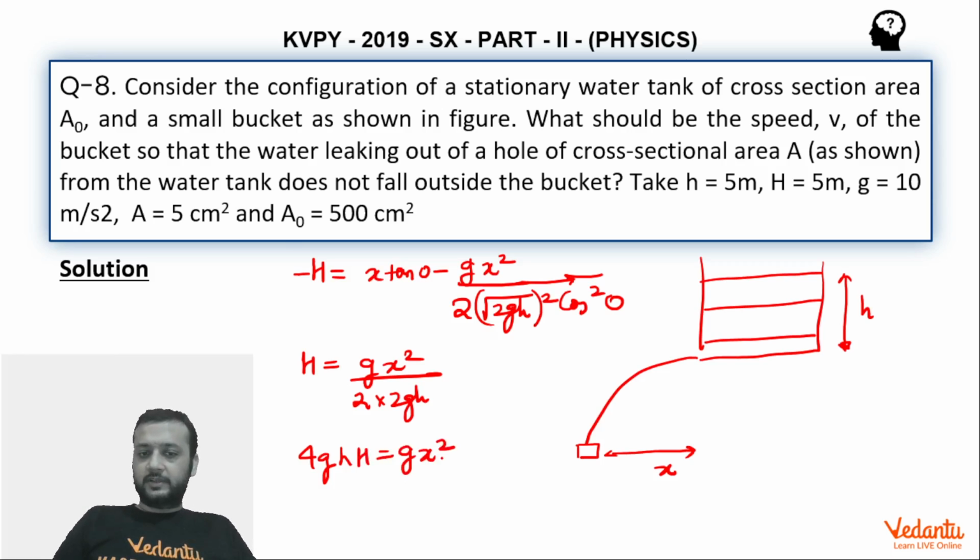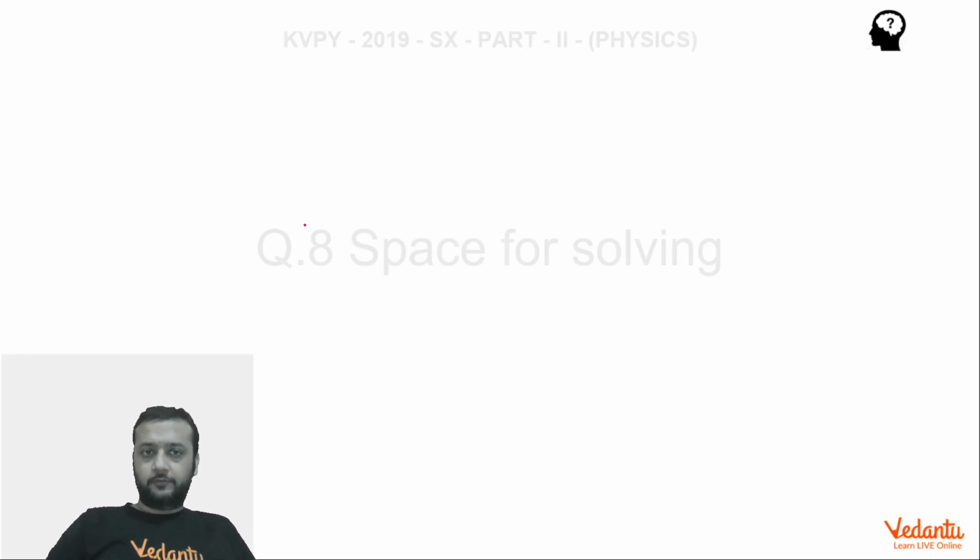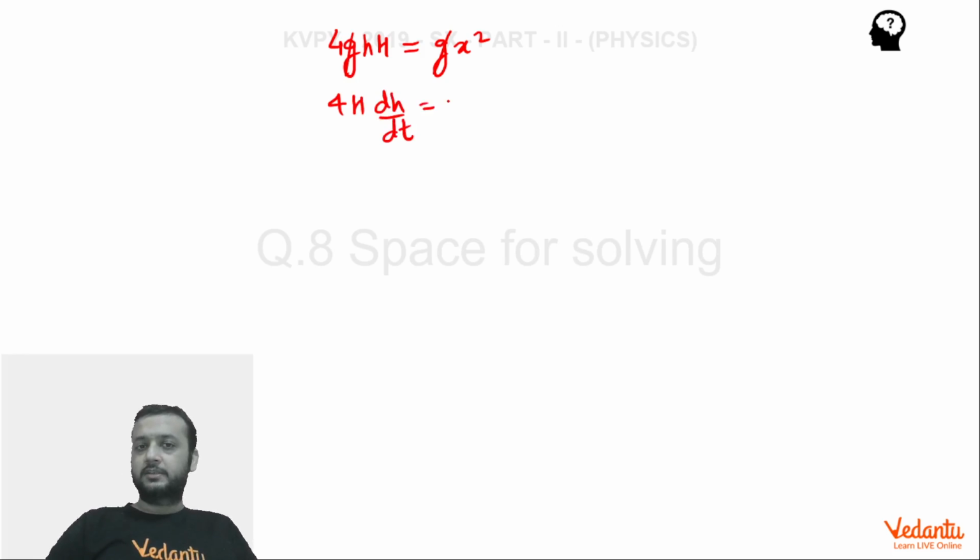Now let's differentiate this. 4 g h H equals g x square. G anyway will cancel out, so we don't need to carry it anymore. Differentiating, 4 H into dh by dt equals 2x into dx by dt.